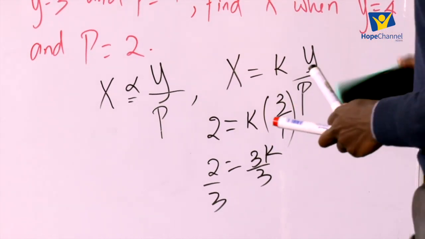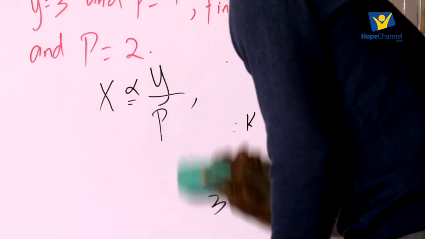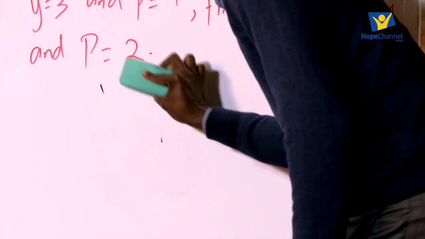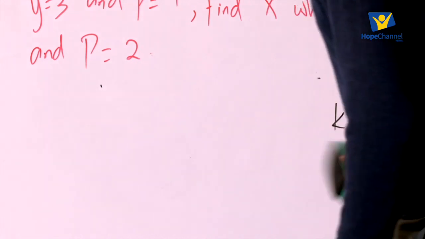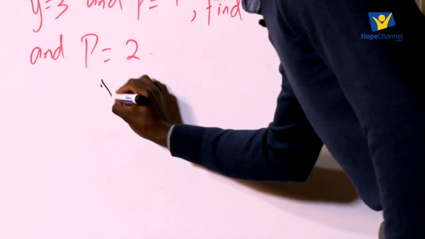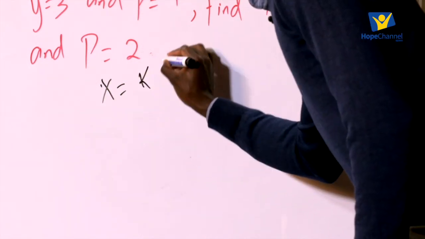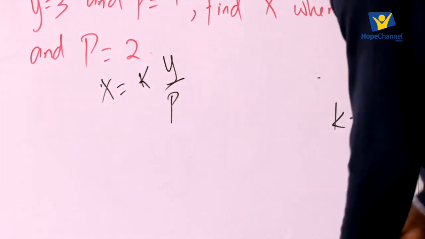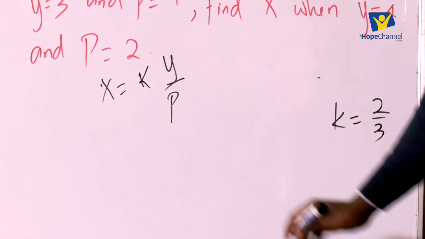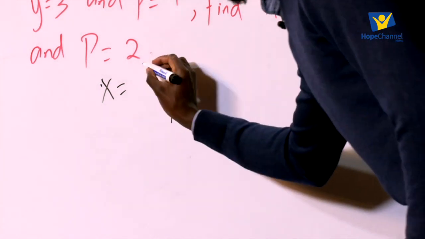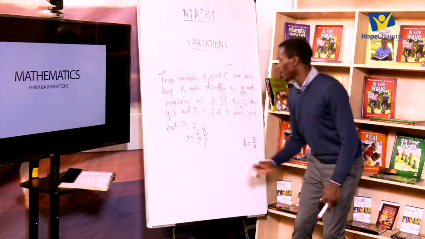After finding the value of k, remember we said x is equal to k y over p. Now because we have k as 2 over 3, we're going to substitute for k. So we have 2 over 3 y over p.